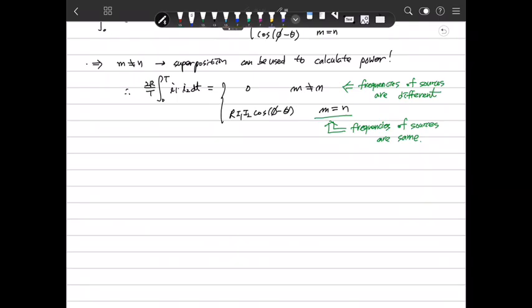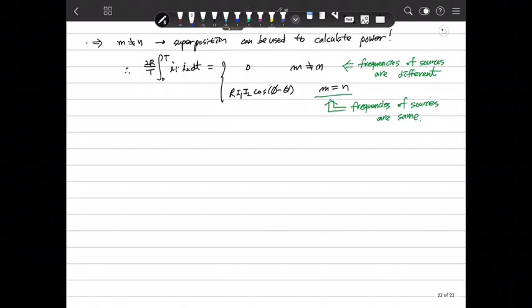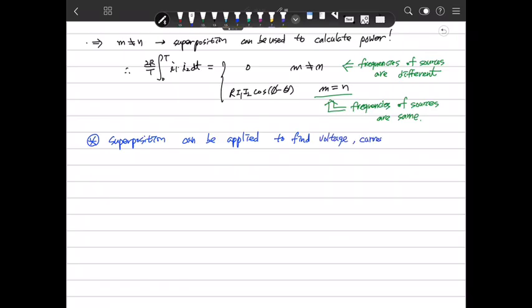So, finally, I can summarize that. It's important. Superposition can be applied to find voltage and current in the electric circuit.